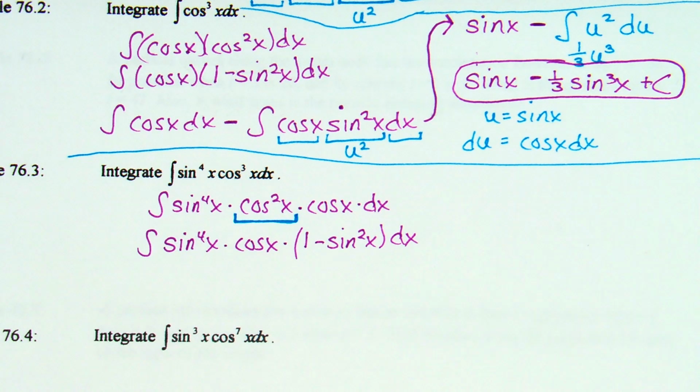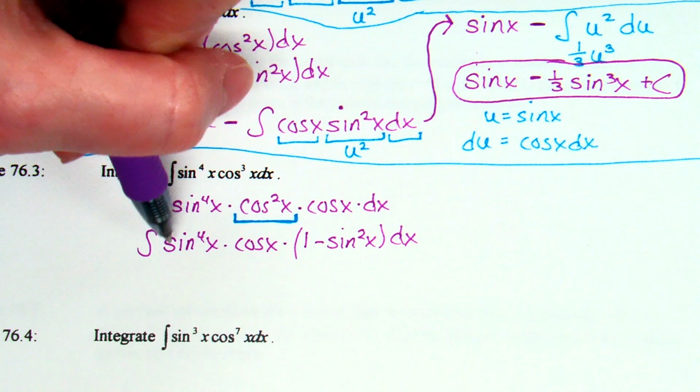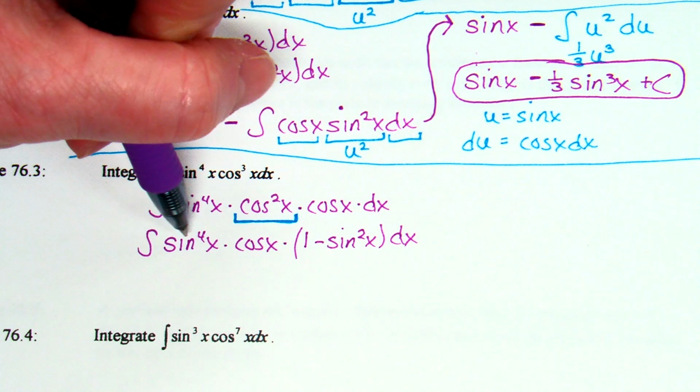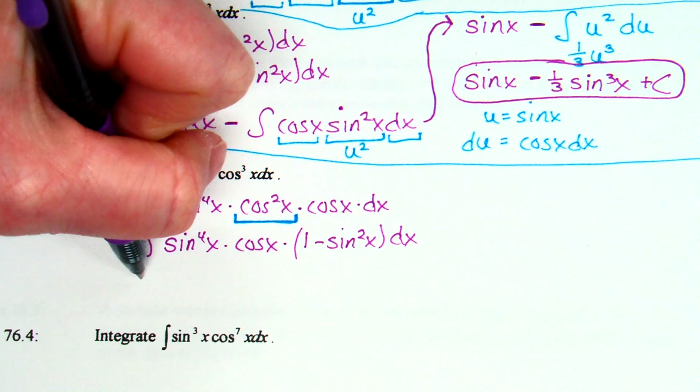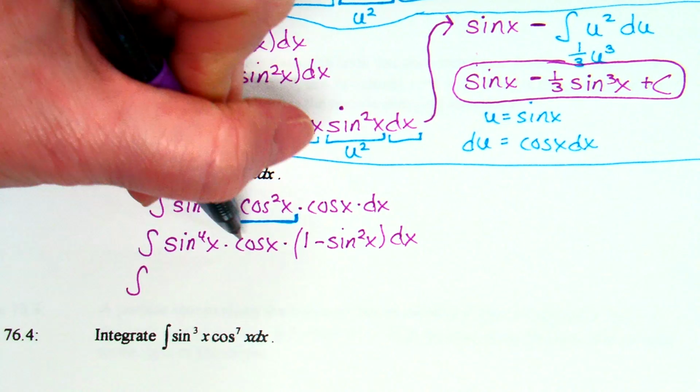Okay. So what are we set to do at this point? Distribute, right? We're going to distribute this, and we're going to end up with two separate integrals. When I distribute, realize you're taking sine to the fourth x cosine x, and we're distributing it to the 1, and we're distributing it to the sine squared. So sine to the fourth x cosine x times 1 is just going to be sine to the fourth x cosine x, and then, of course, times dx, if I go ahead and split it into two integrals.